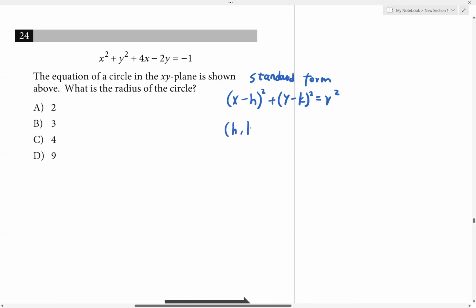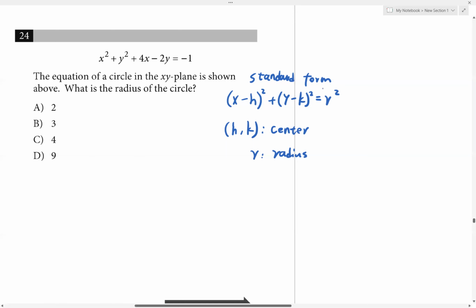And here h comma k represents the center of the circle, and r represents the radius of the circle. So if you have the equation in this form, then whatever number is on the right, that's r squared, the radius squared, and we can take the square root, and that'll give us the radius. So how do we convert it into the standard form?